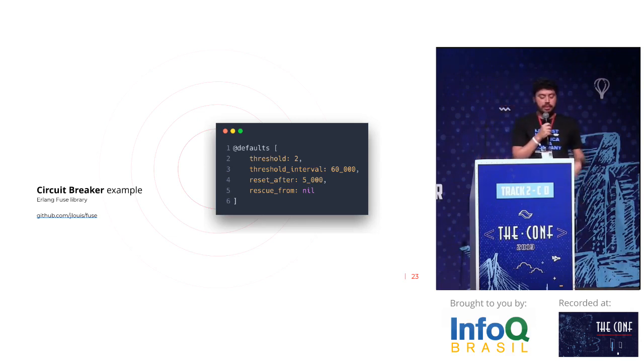And the second will be my threshold interval, my threshold time window. And the third will be the reset after param. This will be my success window. So if you have a success, I have 5 seconds to confirm that my external dependency is healthy again.